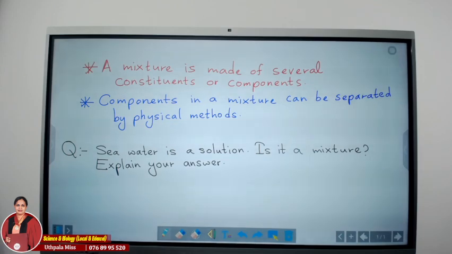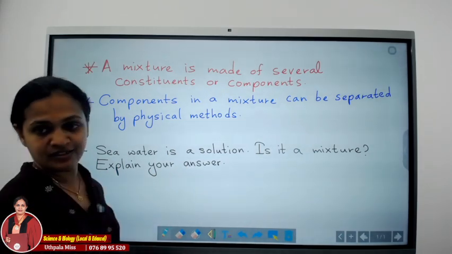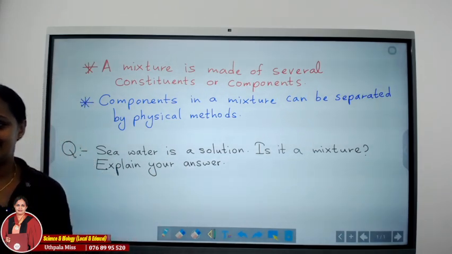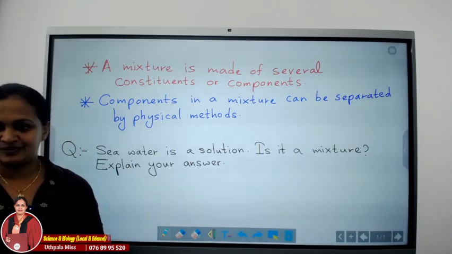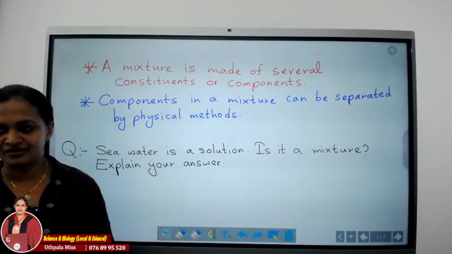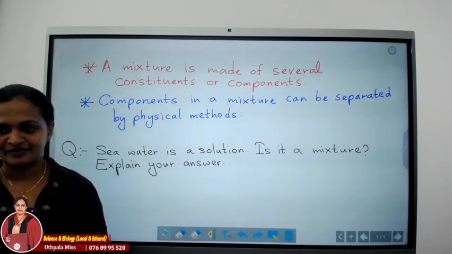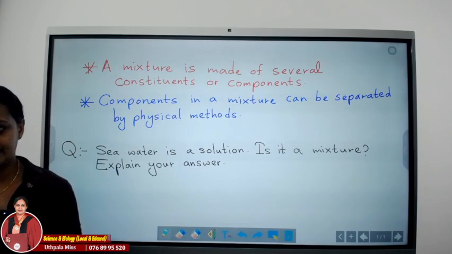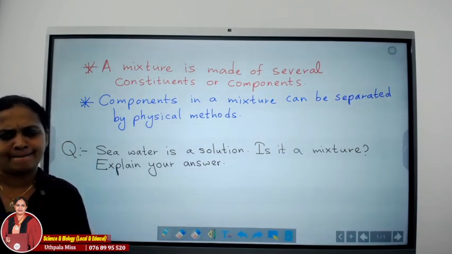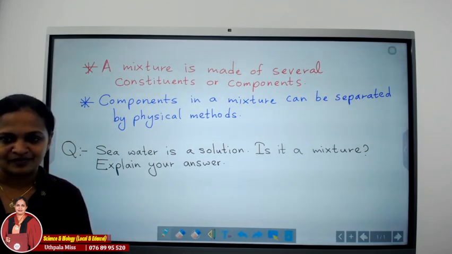Hari, have you finished writing? Did you build up an answer for this? Yes, teacher. What did you write? No, because if it is a mixture, we could see salt and water separately. She says no. Kemit says it is.